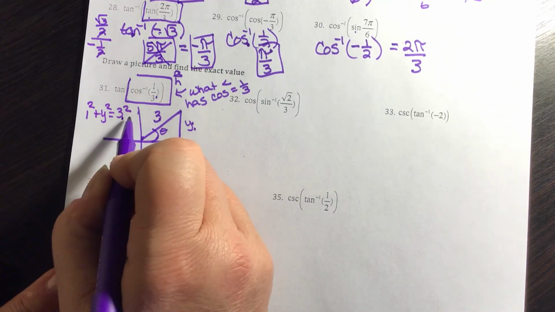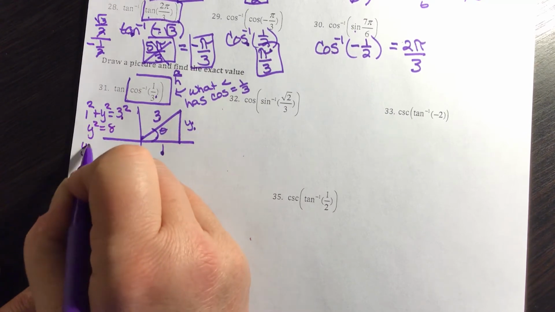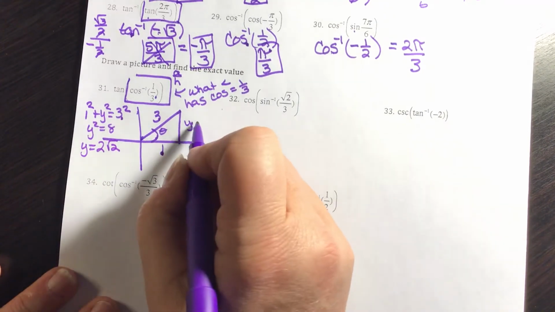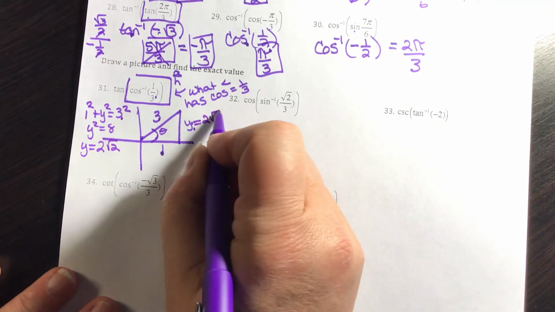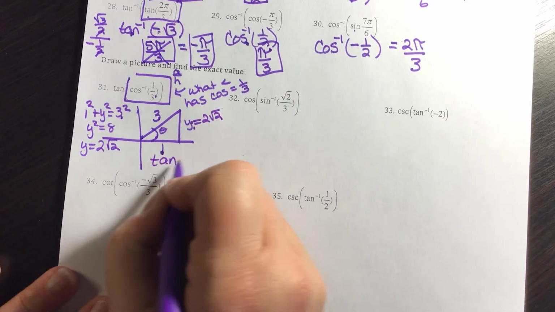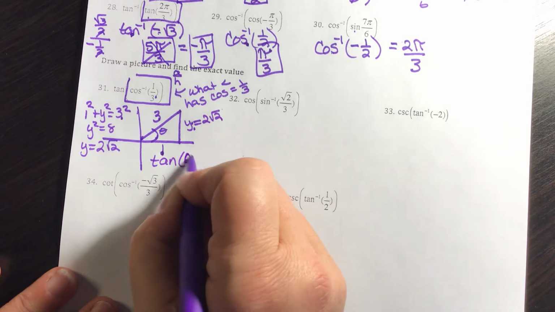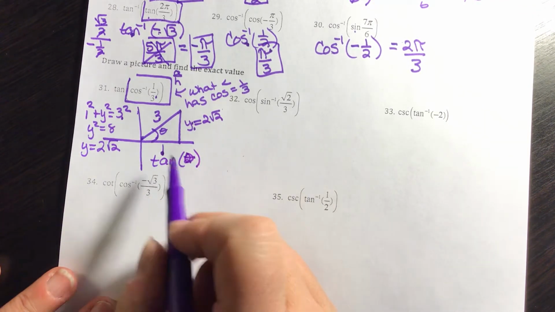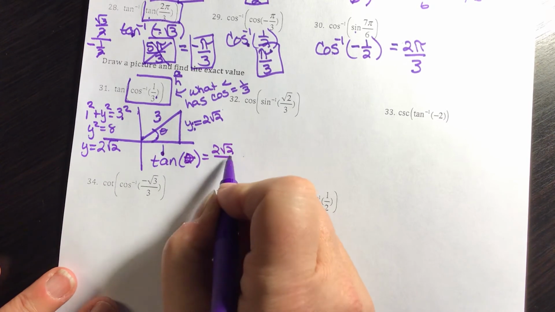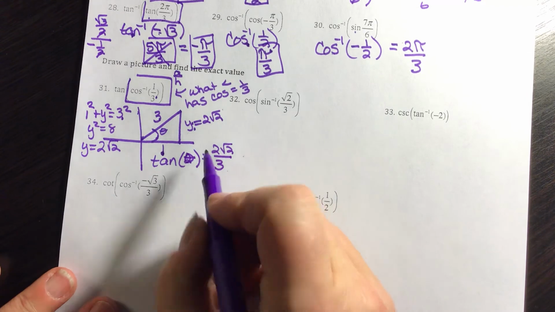I'm going to subtract 1, so I get y squared equals 8, and y is 2 square root of 2. So this value right here is 2 square root of 2. So tangent of my angle is opposite, which is 2 square root of 2, over adjacent, which is 1.